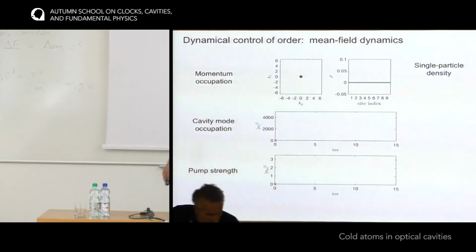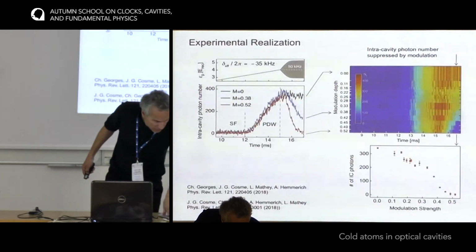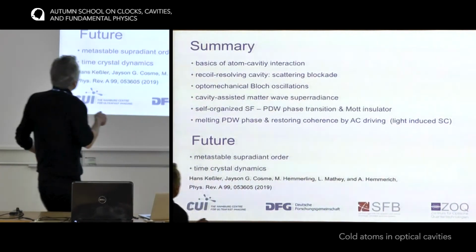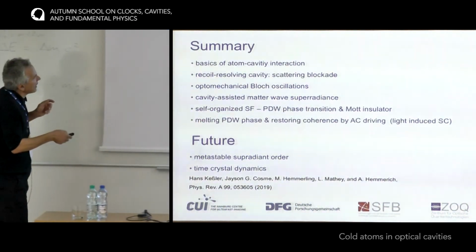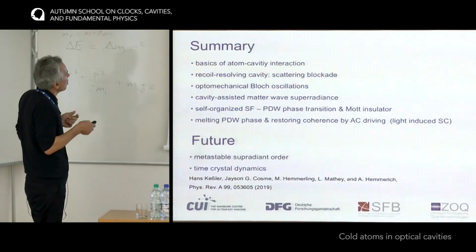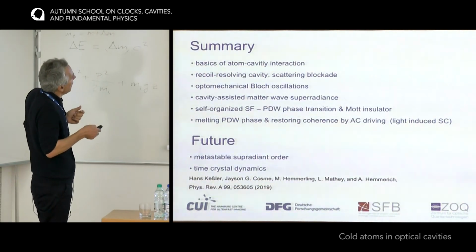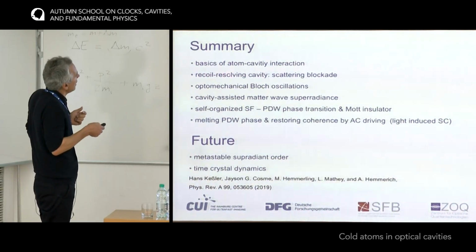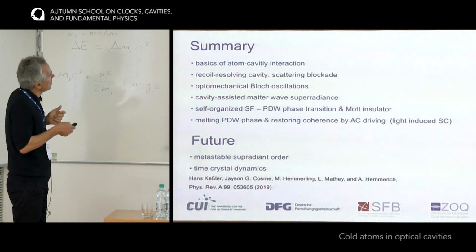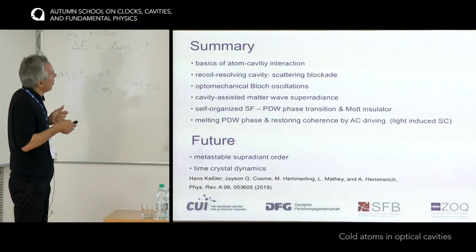So then I will finish my lecture today by summing up, apart from the last point that I did not cover. I've tried to show you, first, the basics of atom-cavity interaction, and then what makes our cavity different from others, which is the recoil-resolving property.